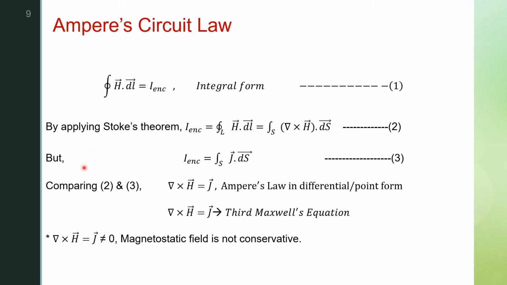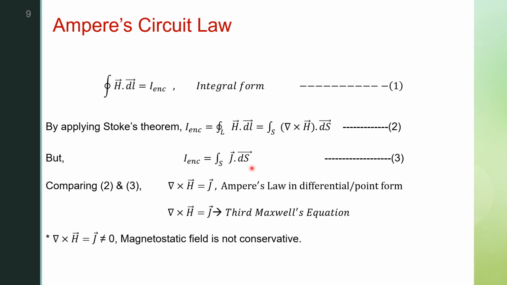But we also know the current enclosed in terms of the current density is equal to surface integral J dot dS. So let's compare equation number 2 and equation number 3. Here we have current enclosed as surface integral del cross H dot dS, and from here we have I enclosed is equal to surface integral J dot dS.